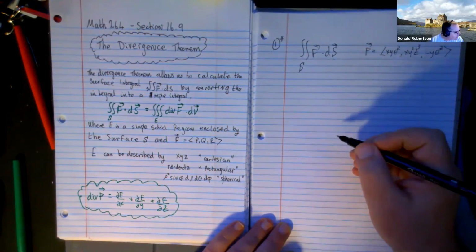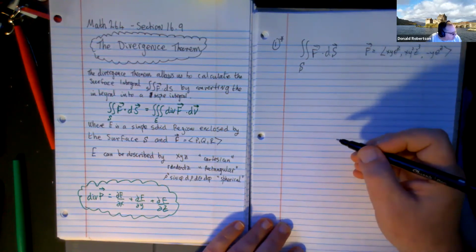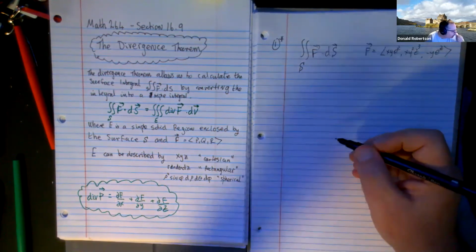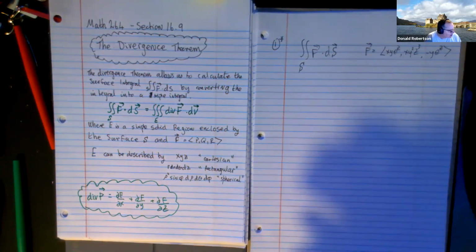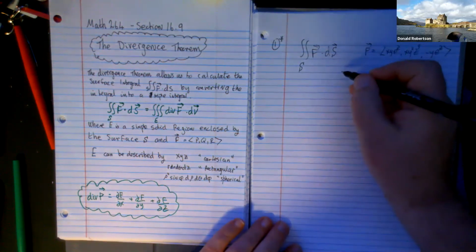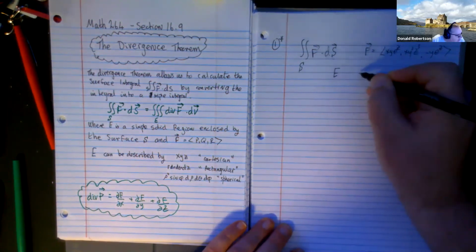And the surface is a box bounded by the coordinate planes, and x equals 7, y equals 2, and z equals 1. They have essentially told me who E is.